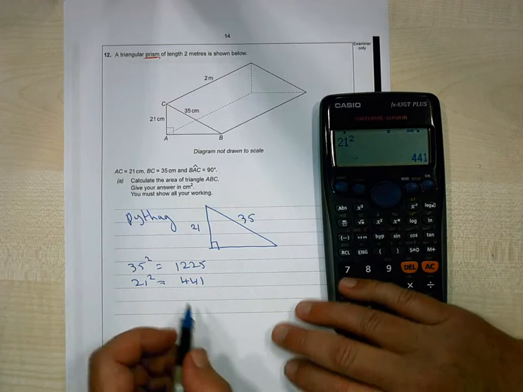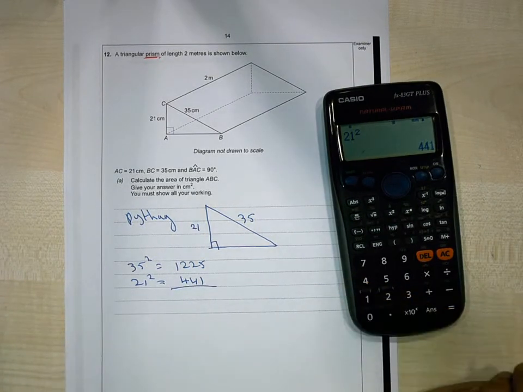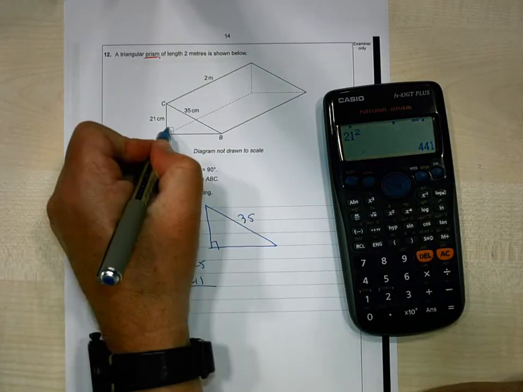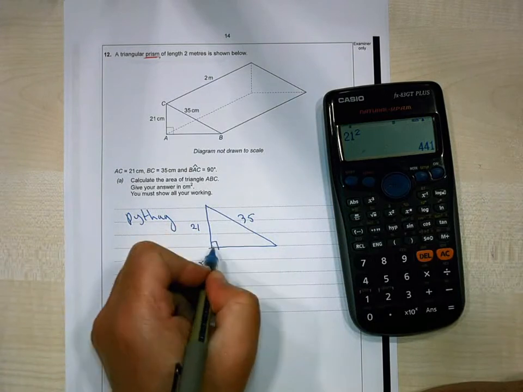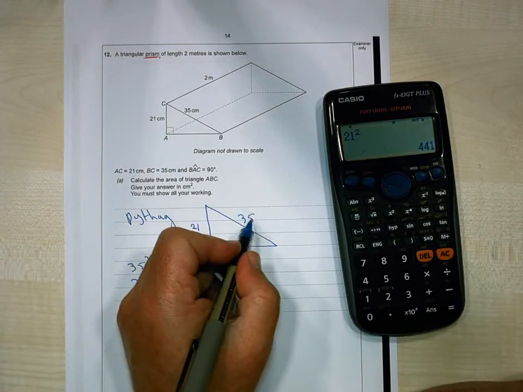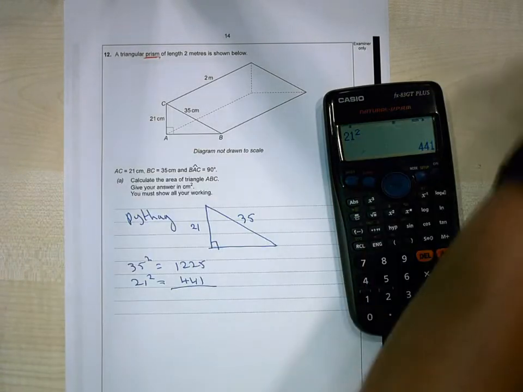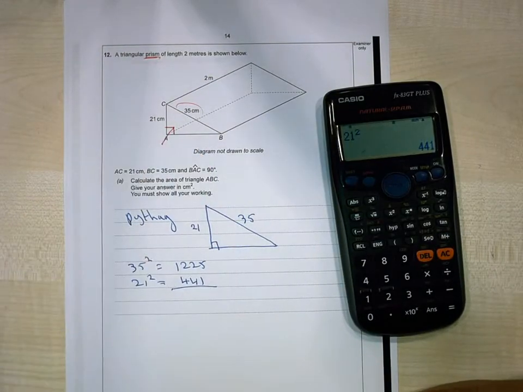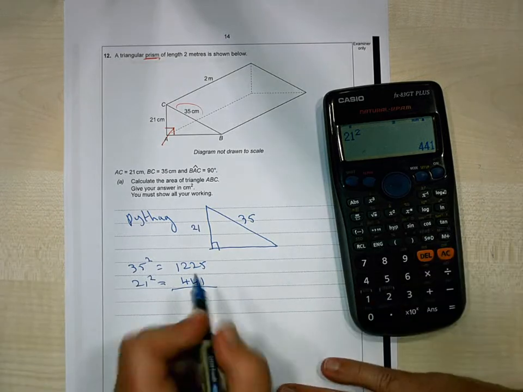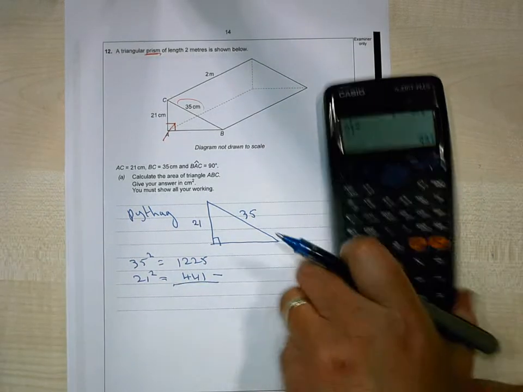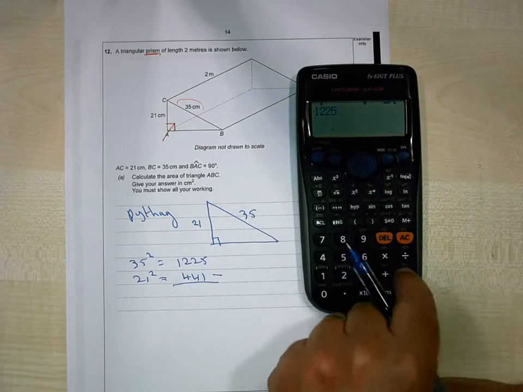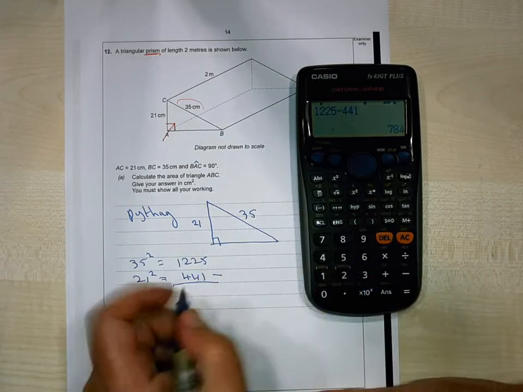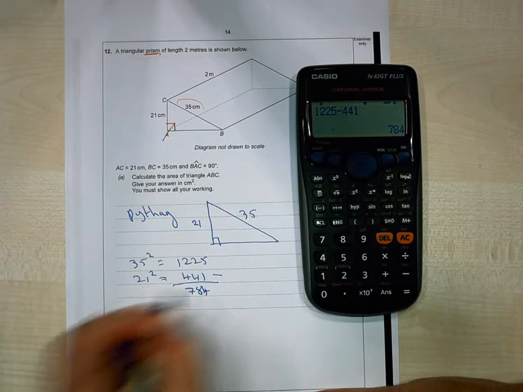I know I've got to square them, then I'm going to decide whether I'm going to add or subtract them. I'm adding. No, I'm not, because they're giving me the largest side, the hypotenuse. That's the longest side, and I'm trying to find a shorter side. So it's a subtract. 1225 take away 441 is 784.